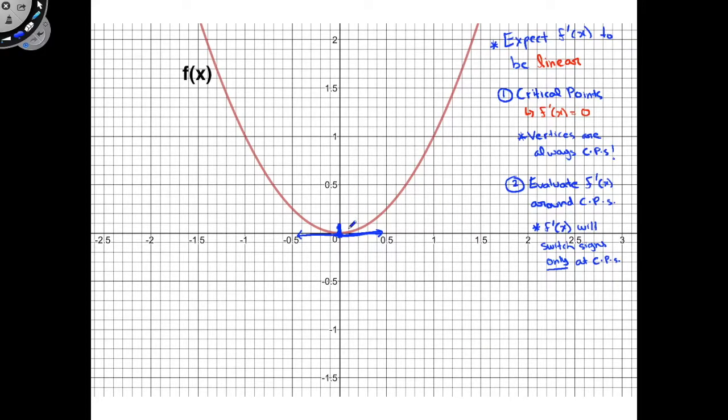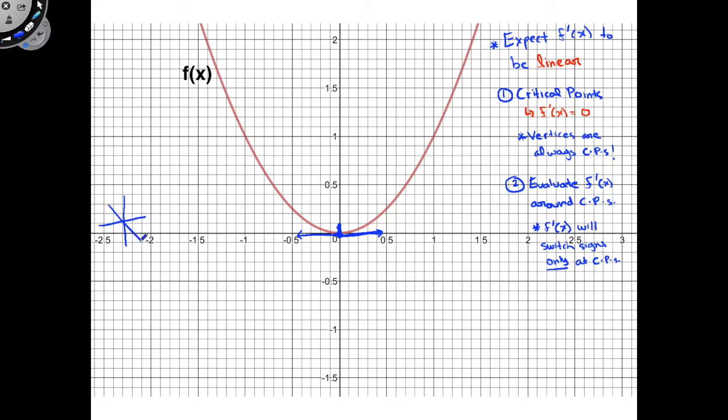Your critical point is the only place where the graph of f prime of x can switch signs. And think about this intuitively, right? If a function goes from increasing to decreasing, or positive to negative, it has to touch zero at some point. Or just think about drawing a line on a graph, right? If you're drawing a line that goes from positive to negative, it has to have crossed the x-axis at some point.